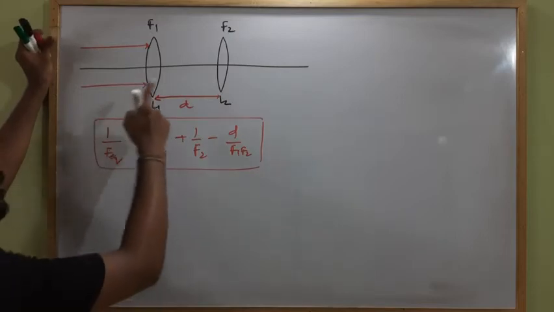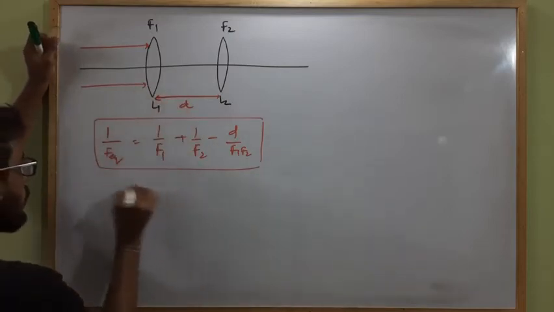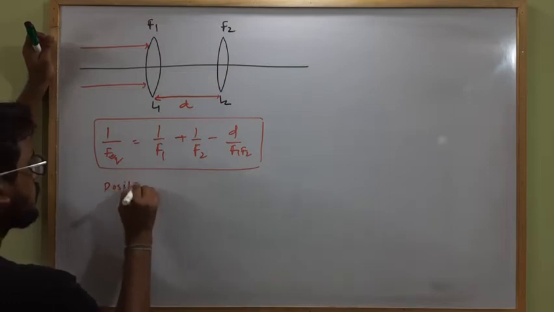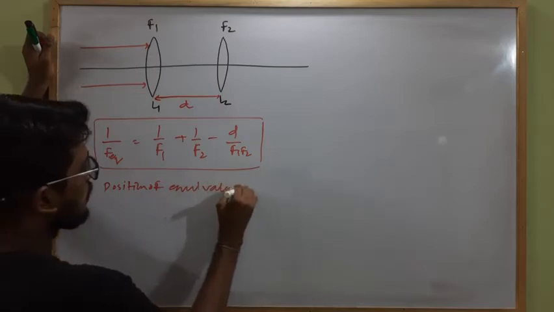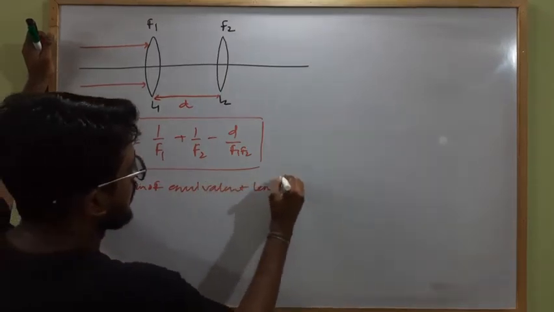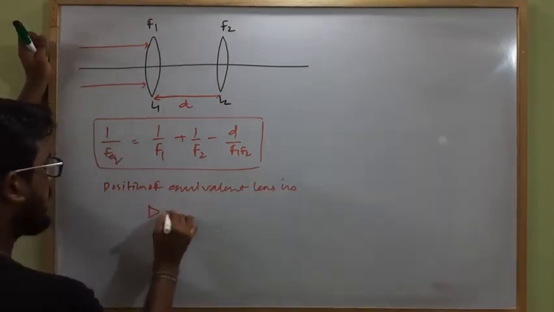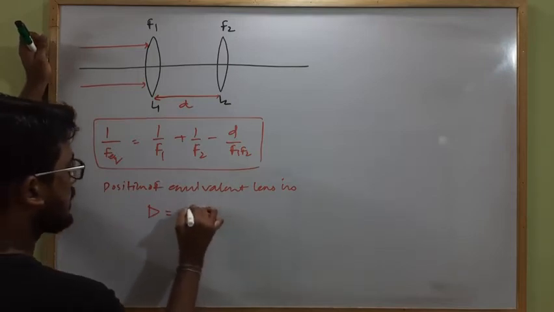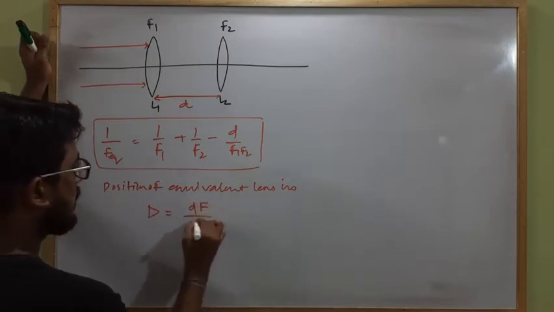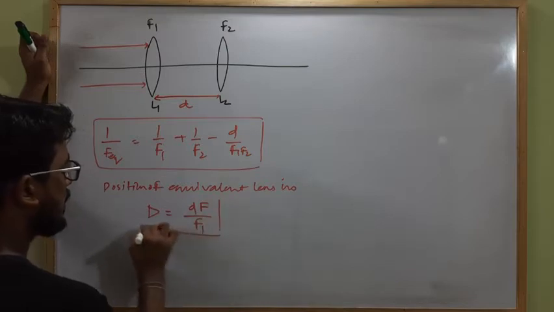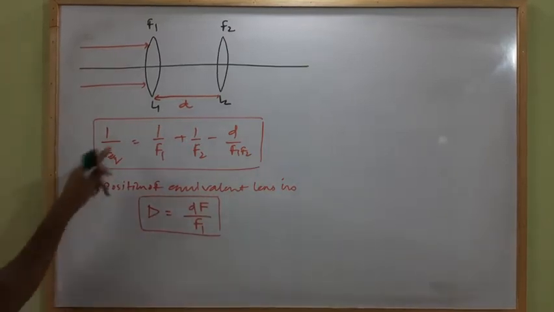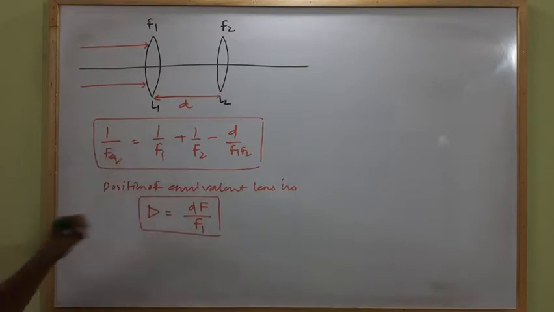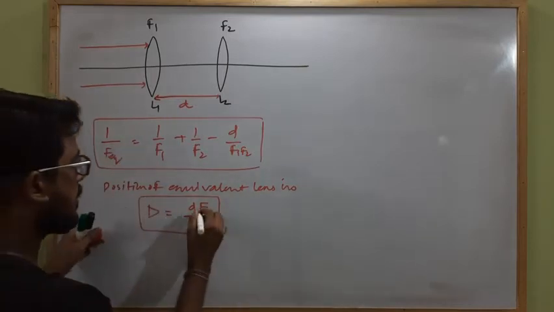So where should the equivalent lens be placed? The position of the equivalent lens, let it be D, is defined as d F equivalent by f1. Okay, so the position of the equivalent lens which has focal length F equivalent is d F equivalent divided by f1.